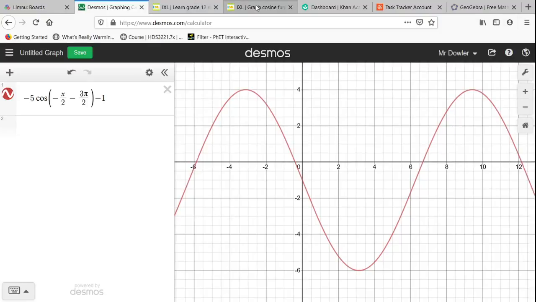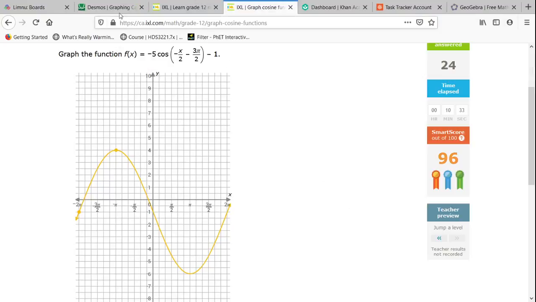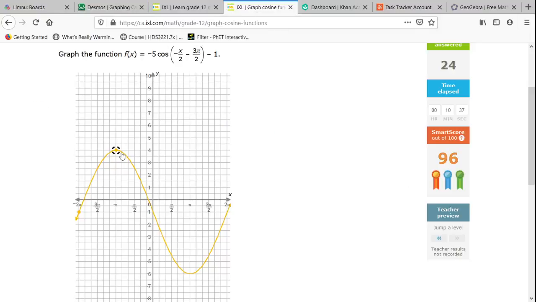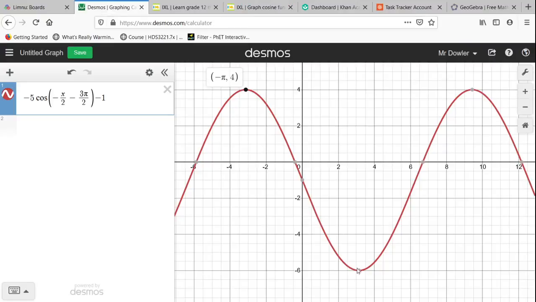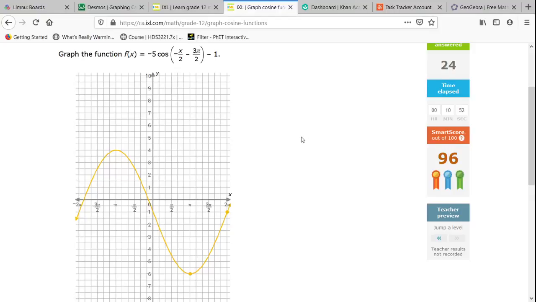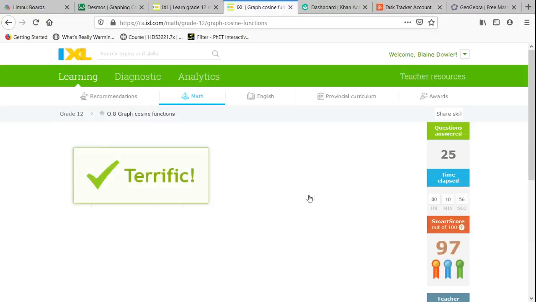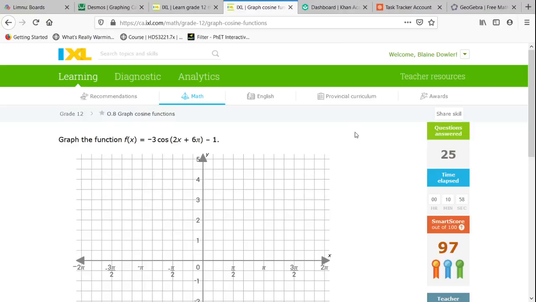So we could see the same sort of graph here with a peak at pi, and then we have a minimum. Okay. So that is how all these pieces fit together. It can be a little convoluted getting there, but we got there.